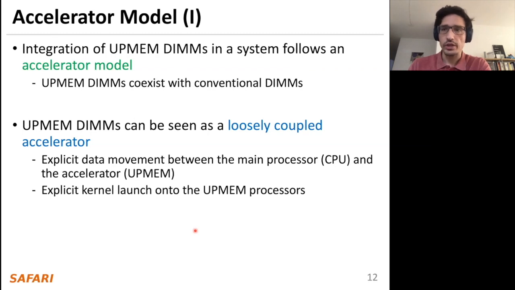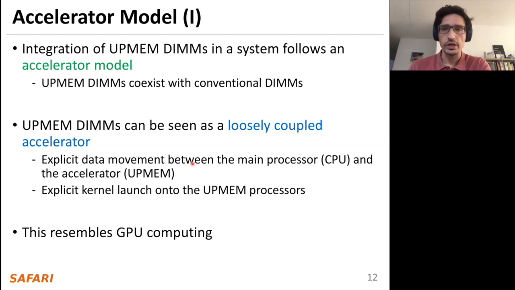This data movement is going to happen between the main memory of the CPU and the DRAM memory in the UPMEM chips. So they coexist in the same system: conventional DIMMs and UPMEM DIMMs.